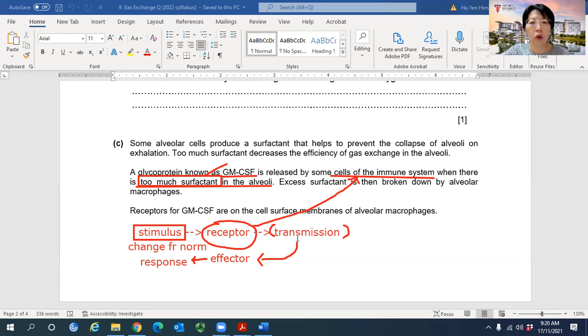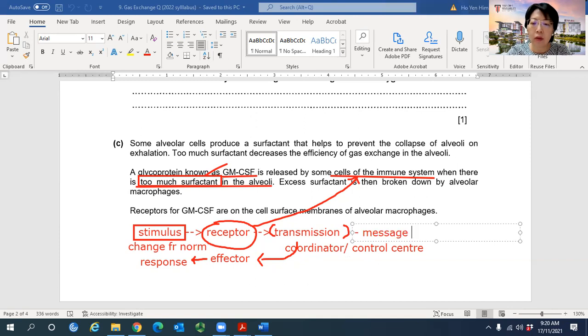So transmission will go to a coordinator, or the control center. So after the cell of the immune system, which acts as a receptor, detects this change, it will then send a message. So whenever you say transmission, it is trying to send a message.